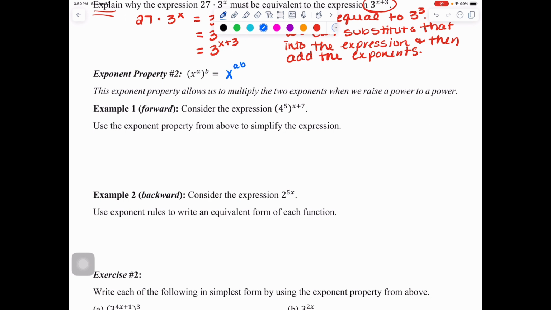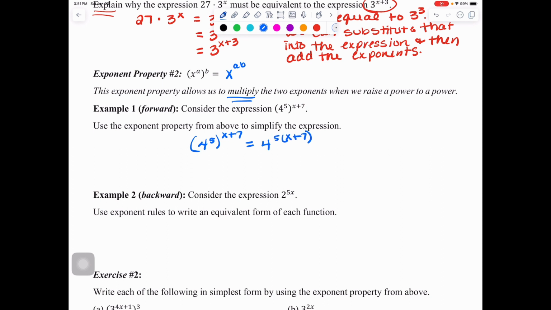We're going to consider the expression 4 to the 5th, to the x plus 7th. Use the exponent property from above to simplify the expression. So this is still power to a power. We still use the same rule. In order to do 4 to the 5th raised to the x plus 7, we are using the power to power rule, which says we multiply them. So this is going to be equal to 4 to the 5th times x plus 7.